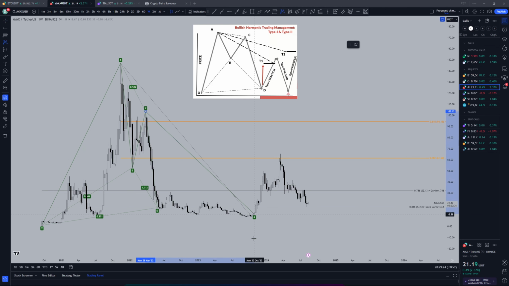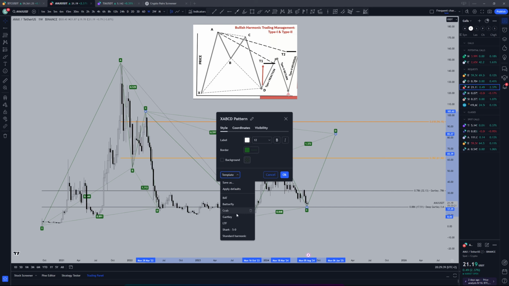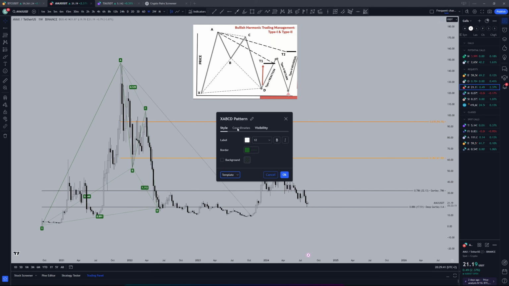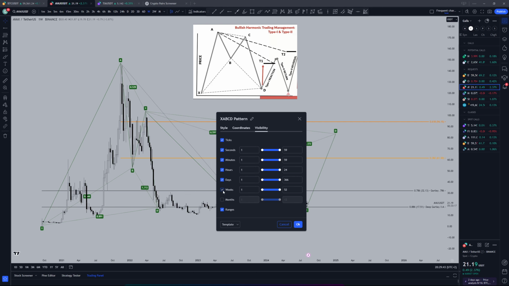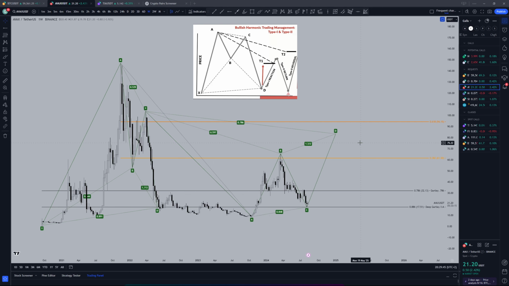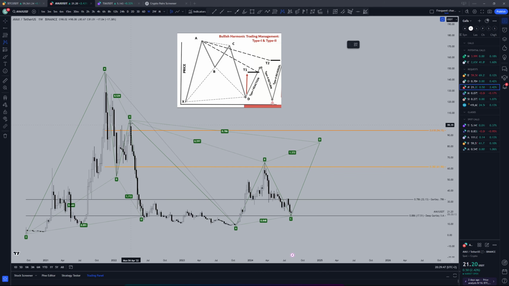And to support that, we bounce off of a 618 from this wick over there, so we can assume that we have a Gartley, or another Gartley or deep Gartley forming, or even a crab if you're really optimistic. But I don't think we're going to fill the crab. So I'm just going to use this one again.